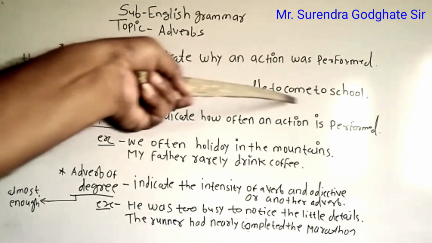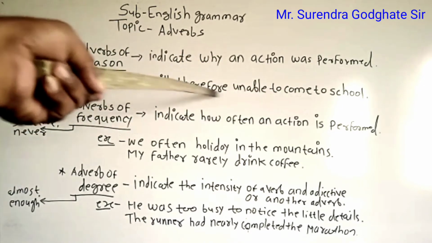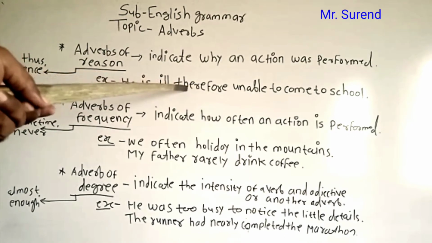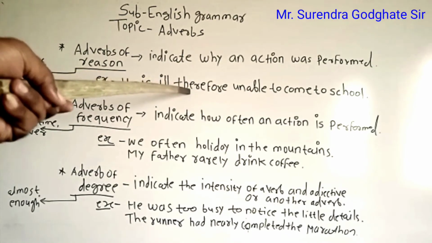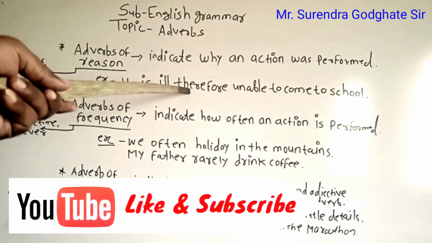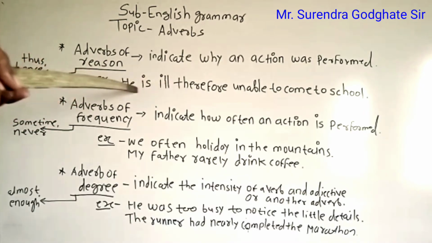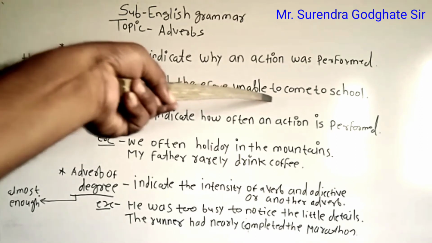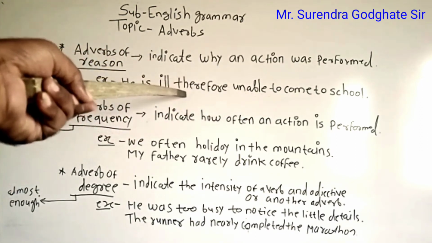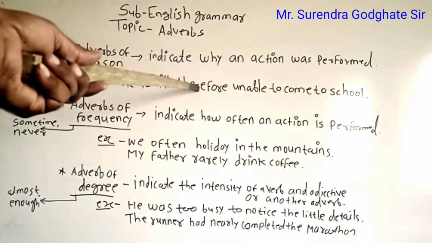The main clause and the subordinate clause are connected by the word therefore, and it shows why the action happened. Because of the illness he could not come, so therefore is the adverb of reason.